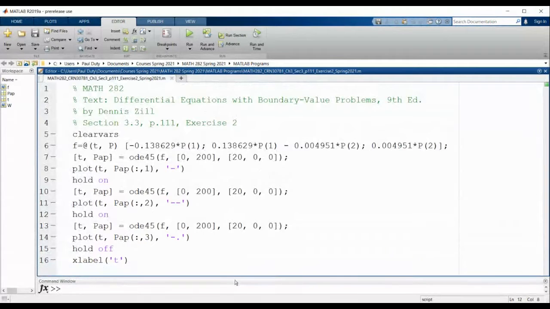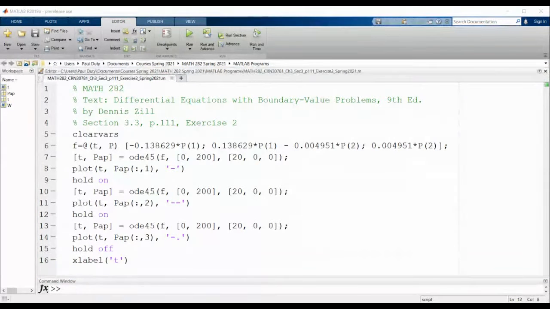Here's the code. You notice at the beginning of the code, I have clear vars. Clear vars clears out the variables in your workspace. I'm going to graph 3 plots. Of course, I'm going to calculate values of the solutions numerically using ODE45 again. I'm going to create a plot for the X, the Y, and the Z. But after I create the plot for the element X, I do a hold on.